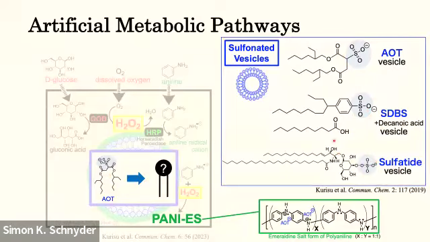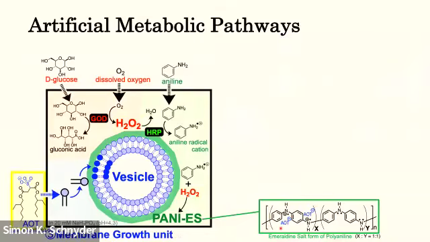These molecules can all work as template vesicles for obtaining such specific PANI-ES polyaniline structures. So in this sense, it's a very, very simple system, but we can say that the composition of the vesicle membrane can be partially reflected as the composition of the polymer structures like this.